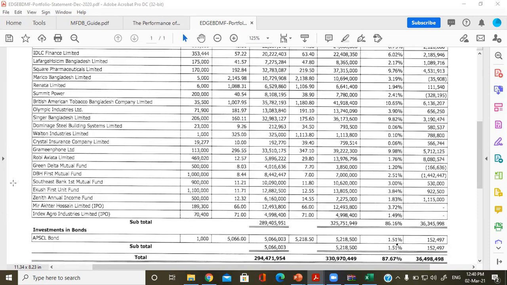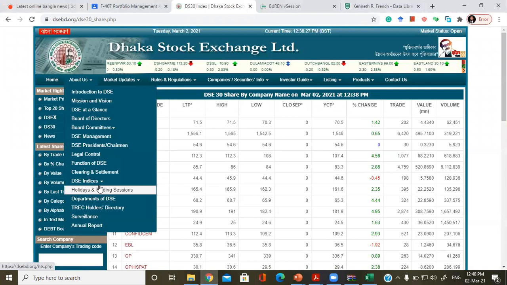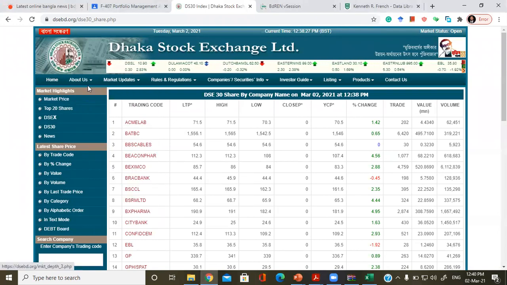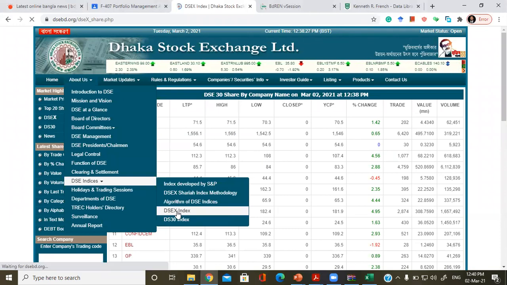Yes, sir. Okay. Do you feel that the DSEX includes these securities which are held by this fund portfolio? Yes, sir. The DSEX is here. You see, this one is the DSEX index constituents.